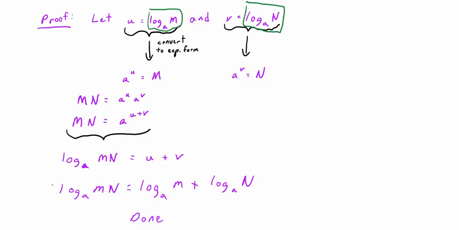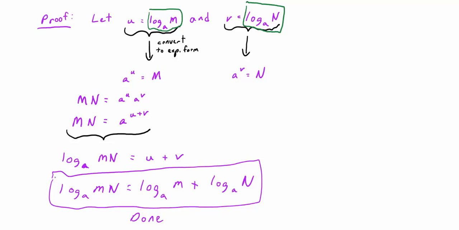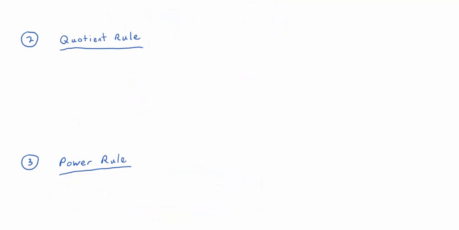That's it. That's what we were trying to prove, right? So what does the product rule really hinge upon? It really hinges upon that very familiar law of exponents, that when you multiply like bases, you keep the base and add the exponents. The next one's the quotient rule, and it looks much like the product rule.